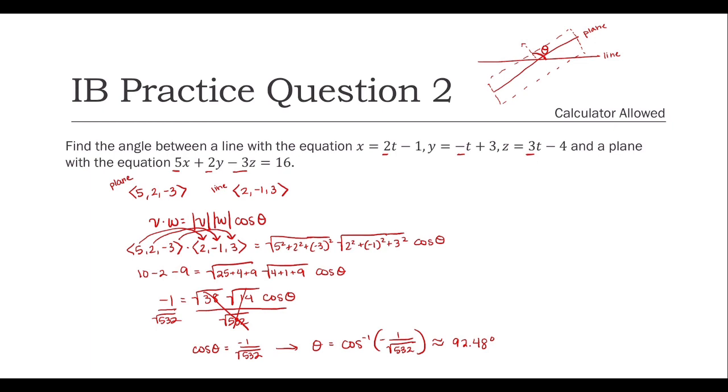So we need to subtract 90 from that to figure out our actual angle between them. Or we could do 90 minus 92.48, which gives us -2.48. But we could just switch that to positive because our angle is just going to be a positive angle. So 2.48 degrees is the angle between the plane and the line.